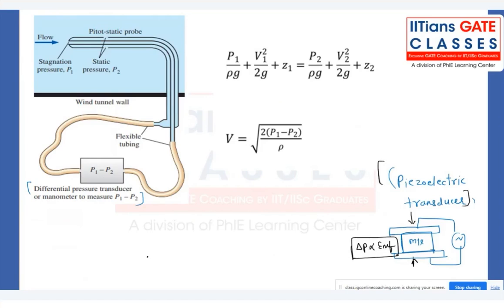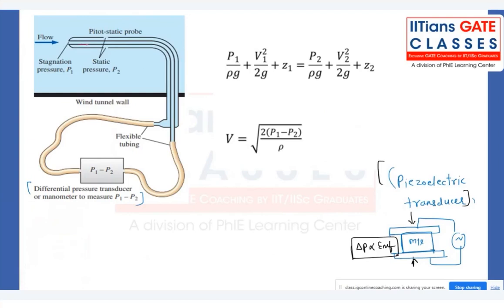Piezoelectric we have, many others we have, right? Sometimes we use the dial gauge indicator also. Sometimes we use what? Bourdon tube also we use. Getting my point or not? So anything you can use, you try to connect the stagnation probe, the stagnation tube which is coming, the red color one.